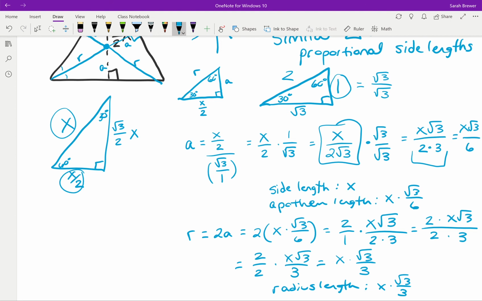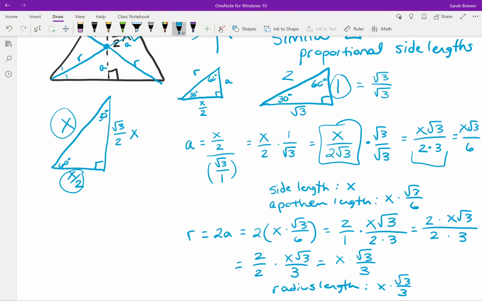Now, if you're doing ruler and compass geometry, you may find that rather than writing your apothem and radius in terms of your side length, maybe you want to write your side length and your apothem length in terms of your radius.